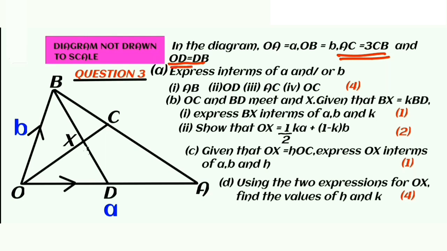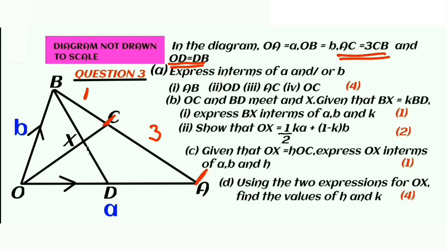OD equals DB. So before answering the questions, let us understand the ratios first. AC equals 3CB, meaning from A up to C equals 3, then from B to C equals 1.